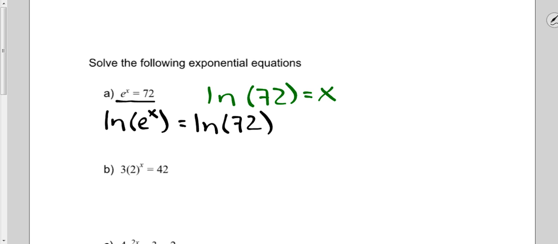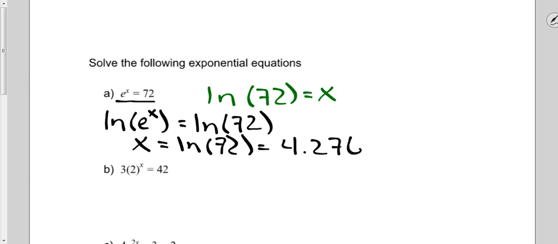What did I start out with? x. So if I take e to the x and then take its inverse, which is the natural log, I'll get x equals the natural log of 72, which equals 4.276, and we'll just stick to 4 decimal places.